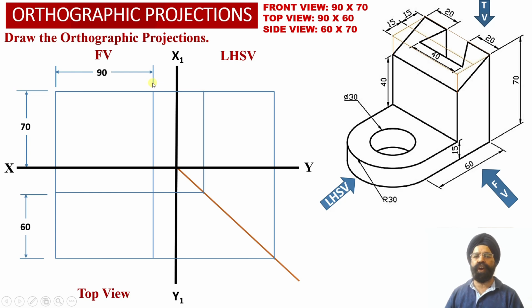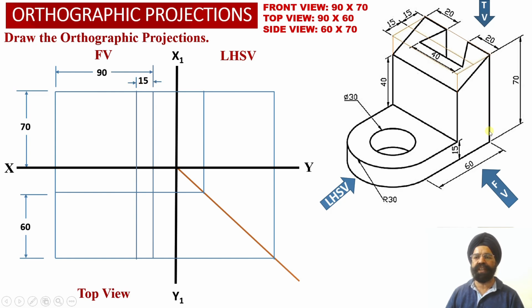Let us first of all obtain all the dimensions alongside the width of the solid into the front view projections over here. So as we have discussed, from the right hand side face, this width of the angular slot happens to be equal to 15 millimeter. So we have marked a distance of 15 millimeter from the right hand side face of the solid.